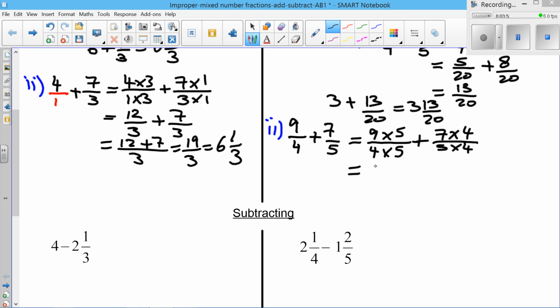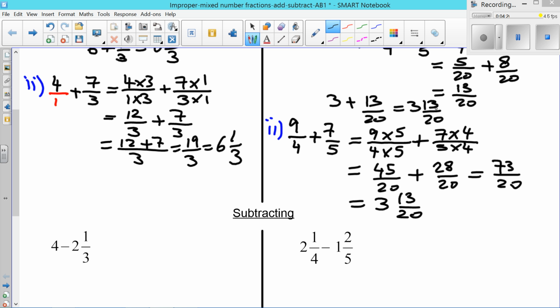And that equals 45 over 20 plus 28 over 20, which equals 45 add 28 is 73 over 20. There are 3 20's in 73, and that makes 60, leaving 13 out of 20, which is the same answer as before.